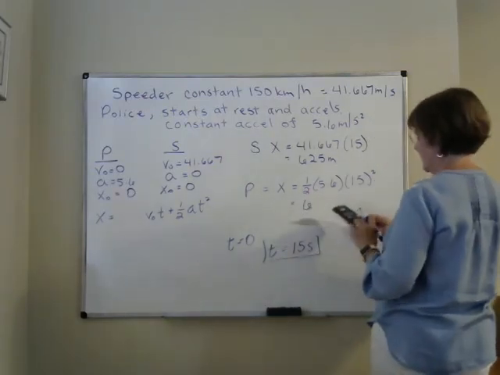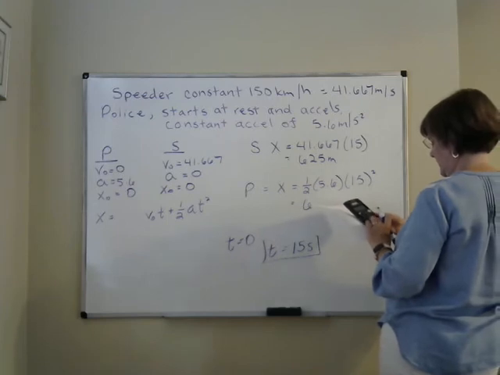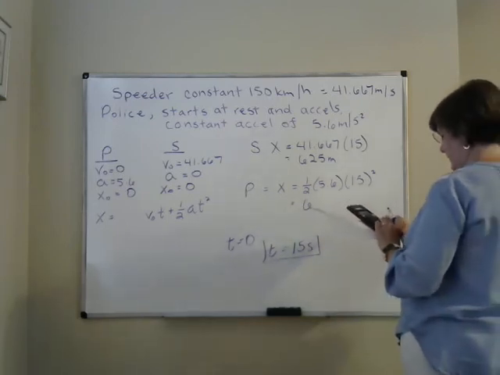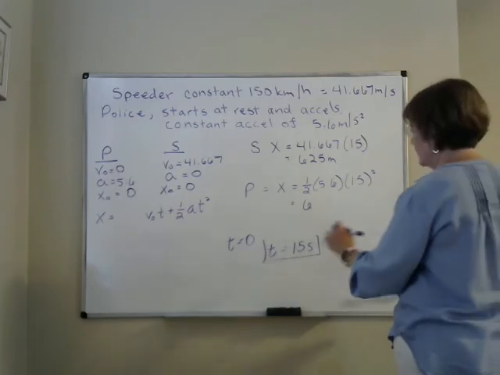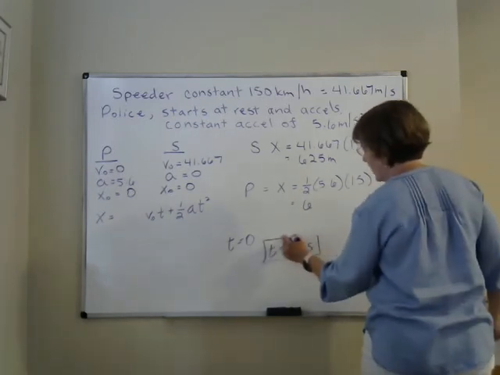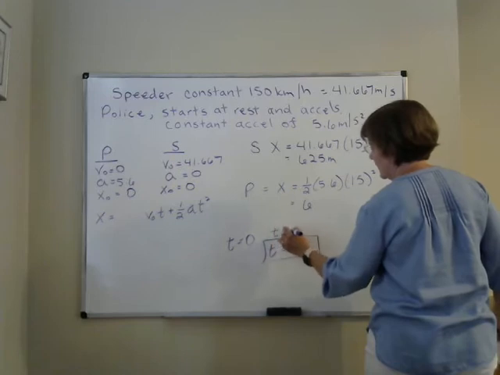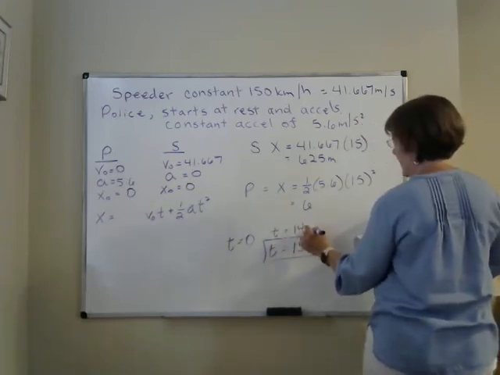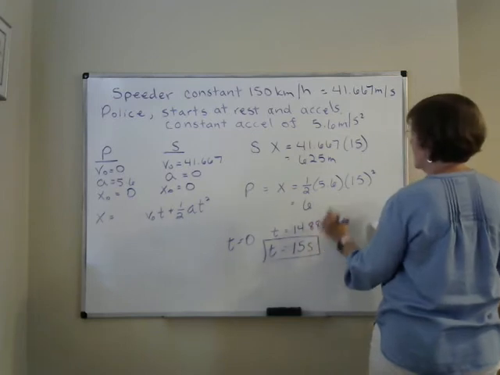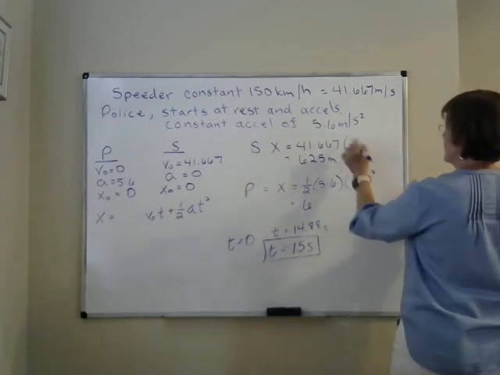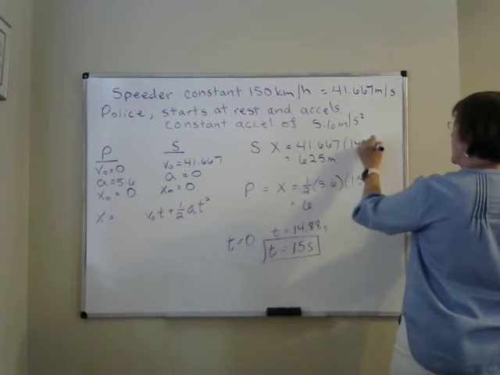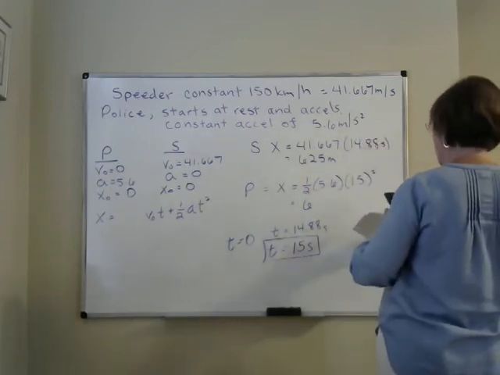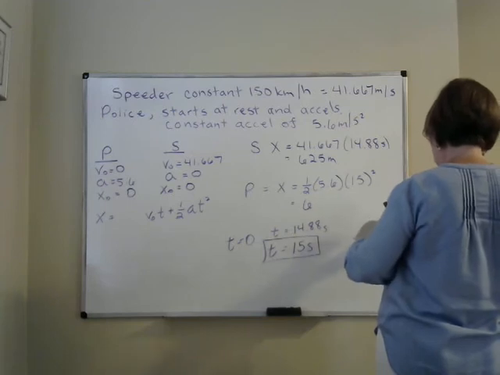I want to do one more thing. I should point out when I solved for t, I rounded it. The exact value of t that I got was 14.88 seconds. And I really want to use that here so we get better results. So 14.88 seconds times 41.667.